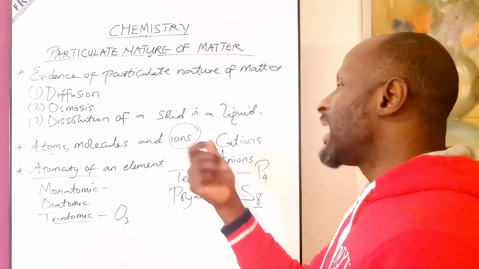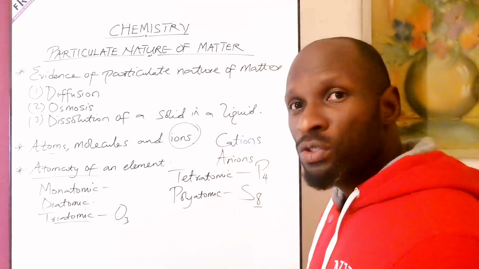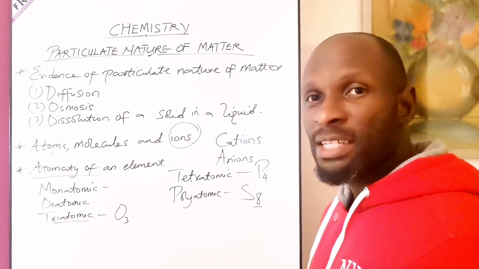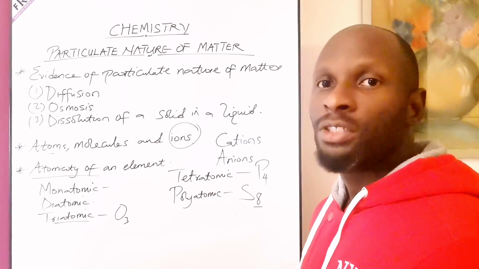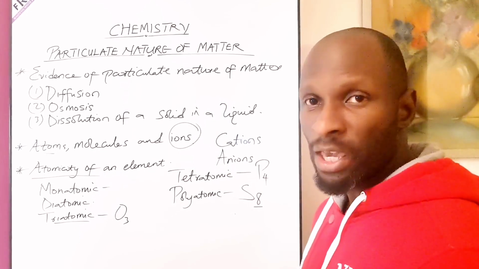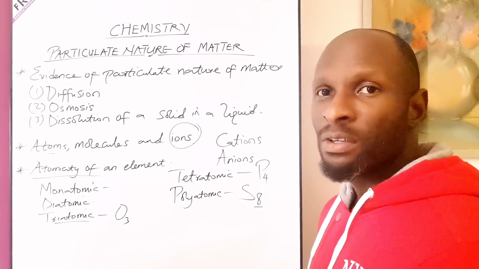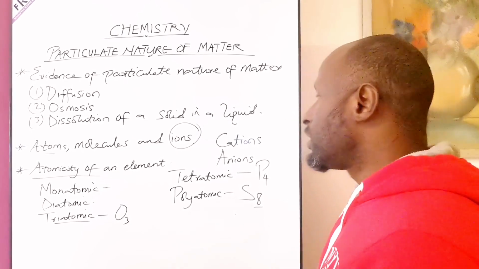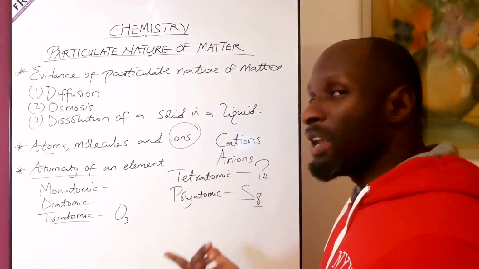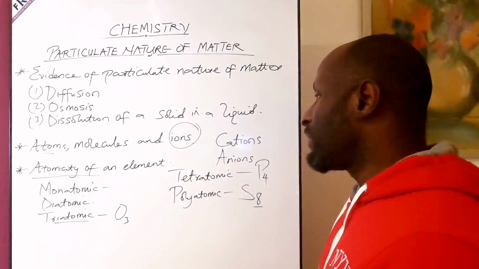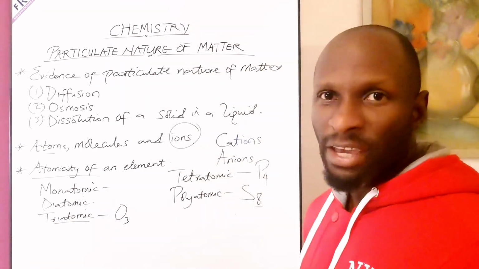Okay? Then we said that ions refer to a group of atoms that possess electric charge. Okay? And we said the electric charge can be positive or negative. When it is positive, that particular ion is known as a cation. But when it is negative, it is known as an anion.